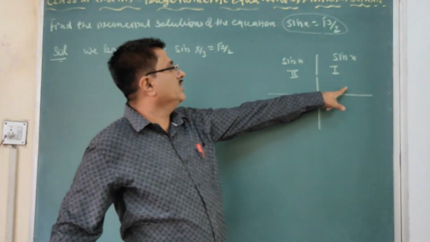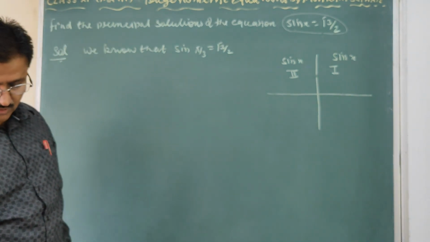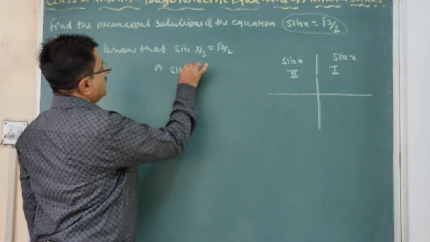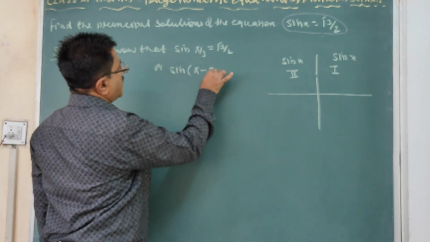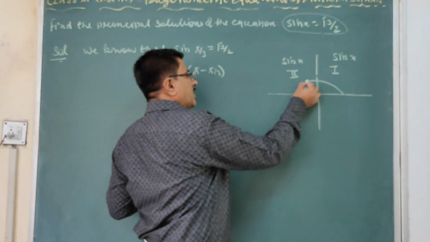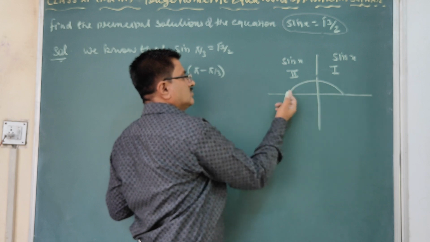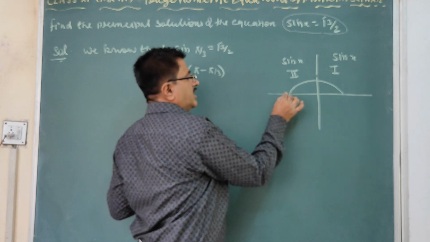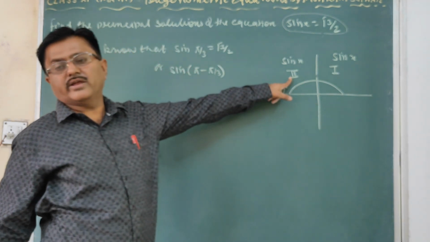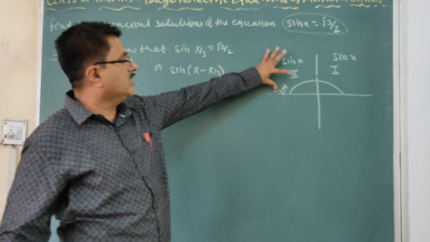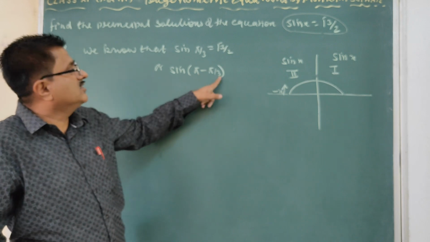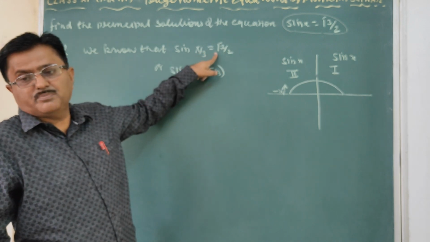Now when you are moving into the second quadrant, it will be pi minus pi by 3, or sin of pi minus pi by 3. We always use this because the complete half circle is pi. But if you take minus something, it means again you are in the second quadrant. So for the second quadrant we generally write pi minus theta. What theta? The one that gives you this value. So here theta is pi by 3.